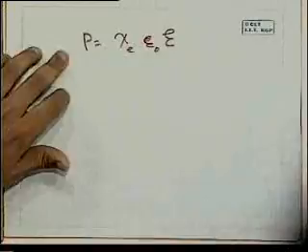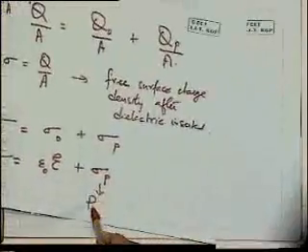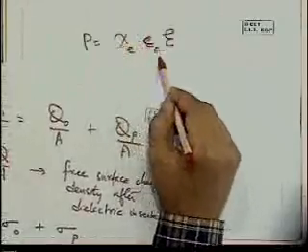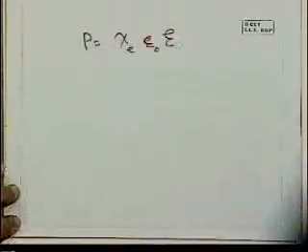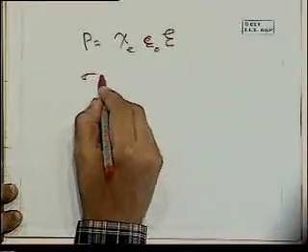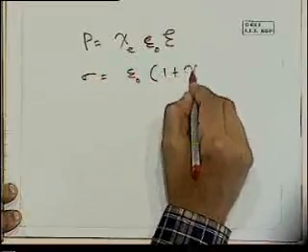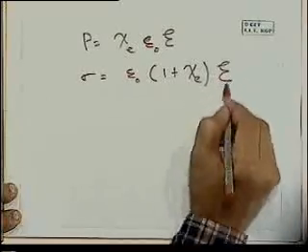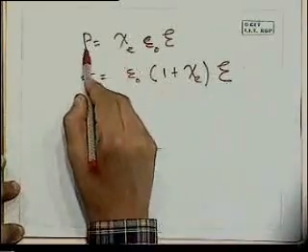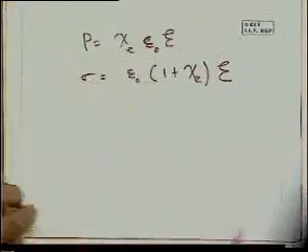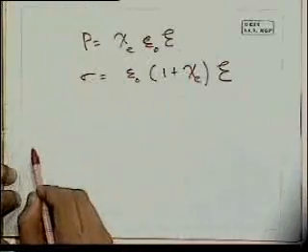So what I can do is substitute here for sigma P in terms of P, and I can also substitute for P as chi E epsilon naught times the field. And so what I'll get is sigma is equal to epsilon naught (1 plus chi E) times the field. I make the substitution first for sigma P, then substitute P by chi E epsilon naught E and simplify it.